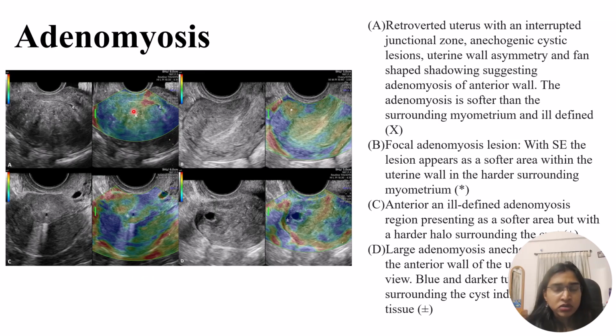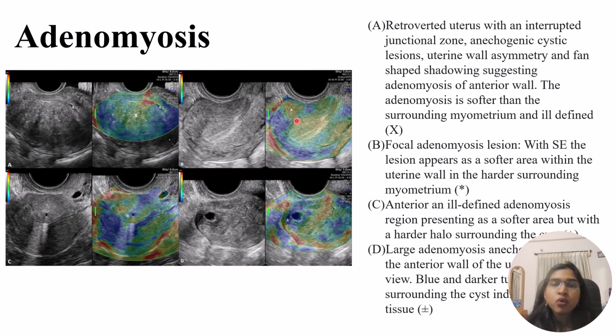So here is the adenomyosis, and it is appearing softer than the surrounding myometrium, and it is appearing ill-defined. If the margins are defined, then it is a fibroid. But if the margins are ill-defined, then most probably it is adenomyosis. In focal adenomyosis, yes, the margins are well defined, but this is one of the points to differentiate.